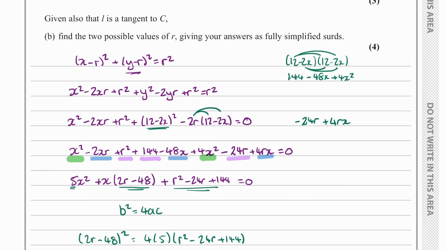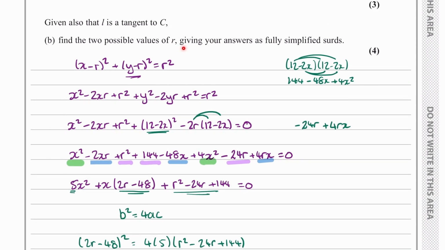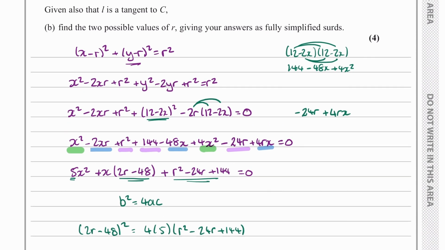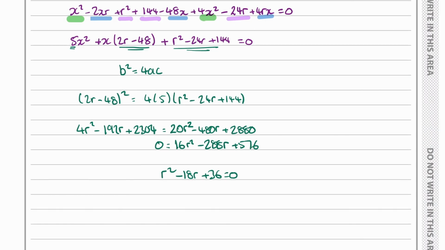Now in the question, we're told to leave r as fully simplified surds. So we're going to complete the square. So we'll have r minus 9, half of this negative 18, squared. We'll complete the square, take away the 81, and we'll add back in the 36. So we'll get r minus 9 squared minus the 45 will equal 0.